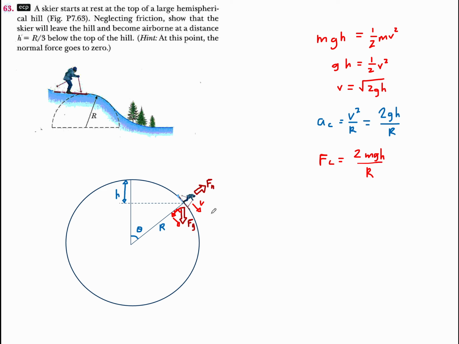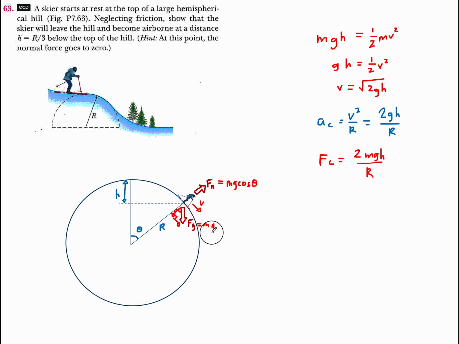So the normal force would normally just equal the force of gravity times the cosine of theta, in other words, mg cosine theta. And that would give us no net force towards the center. Sorry, if you look at this triangle, it's a right triangle. Theta's up here, so this side here would be mg cosine theta, if the force of gravity is mg.